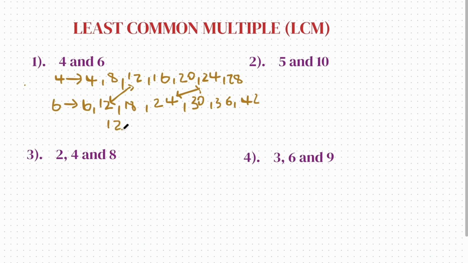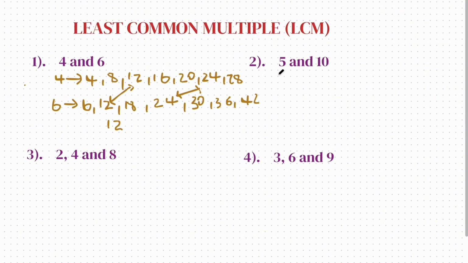Let's get into another example. Say you were asked to find the LCM of 5 and 10. What are we going to do? We're going to list the multiples of 5, we're going to list the multiples of 10, then we find the first common or same value.